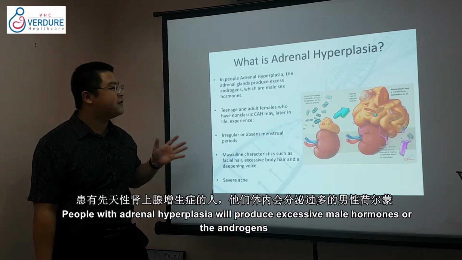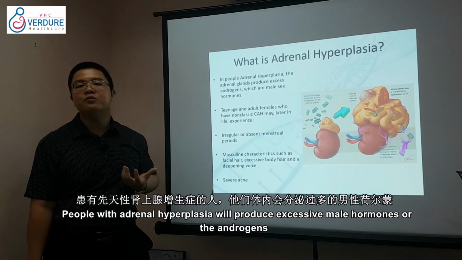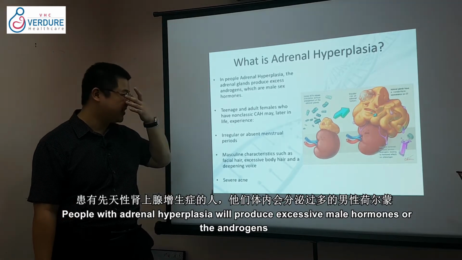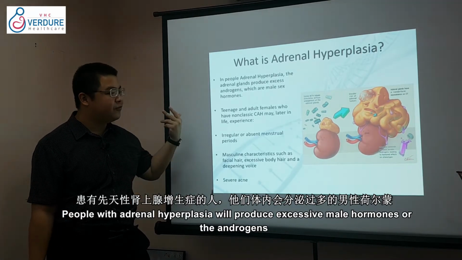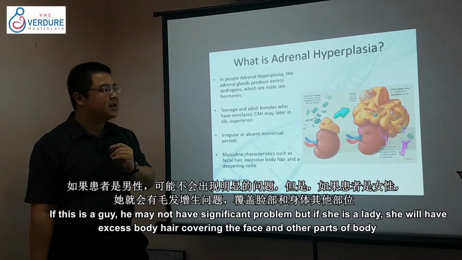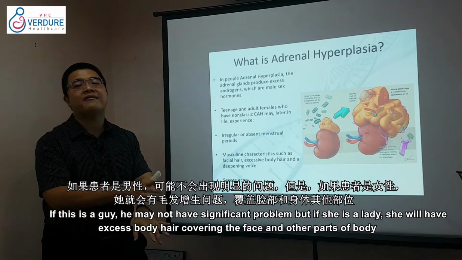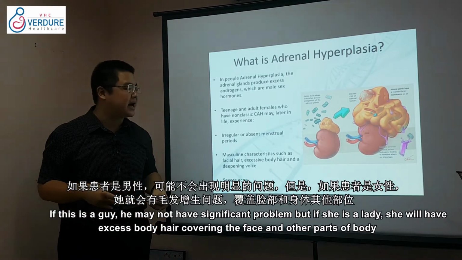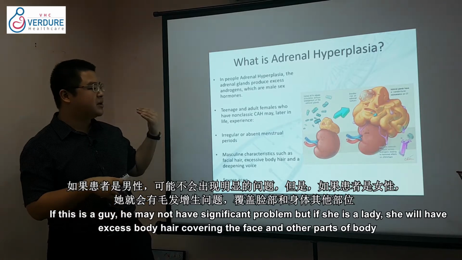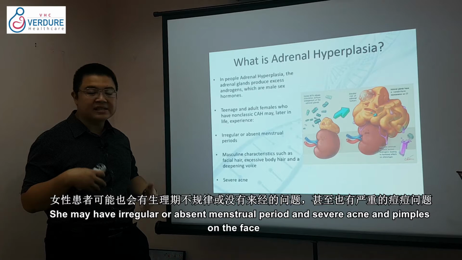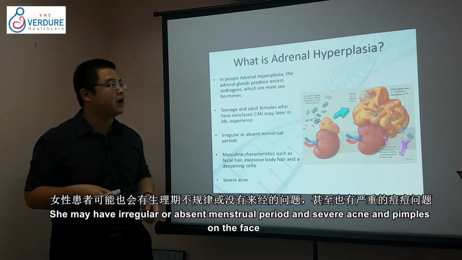People with adrenal hyperplasia will produce excess male hormones such as the androgens. All right, if this is a guy, it might not have a significant problem. But if this is a lady, she will have excessive body hair, sometimes even covering the face and other parts of the body. She might have irregular or absent menstrual periods and severe acne, meaning pimples on the face.